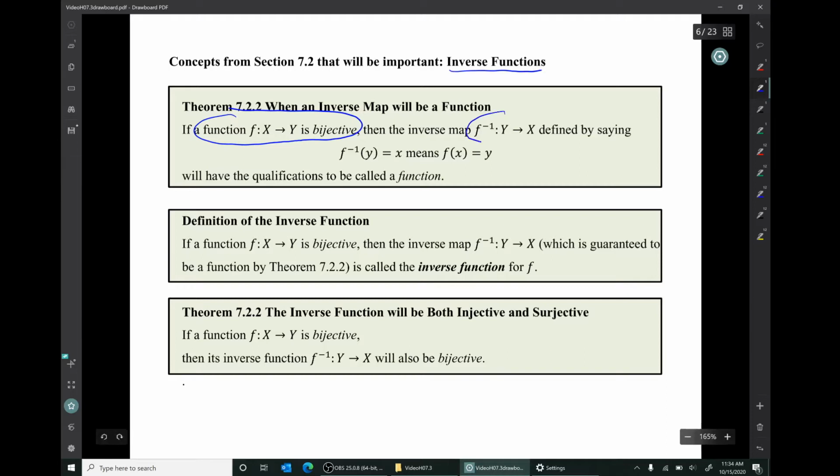That will be denoted this way: f superscript -1 colon capital Y arrow capital X. So f superscript -1 is called the inverse function for little f, and it's a map from the set Y to the set X. And it's defined this way. f inverse of y equals x just simply means that f of x equals y. And we had this result from Theorem 7.2 that if f is bijective, then of course it has an inverse function, and the fact is the inverse function will also be bijective.